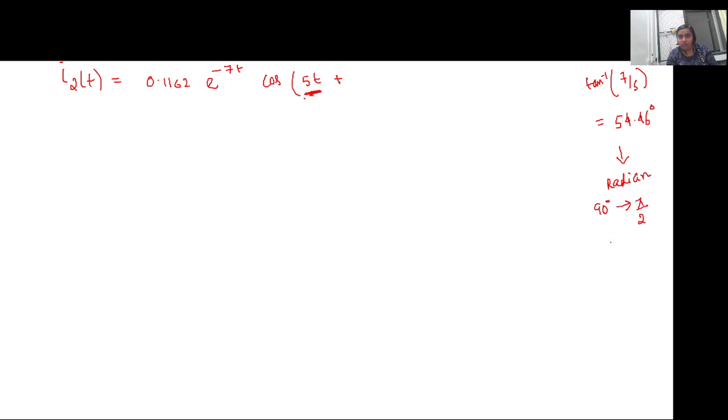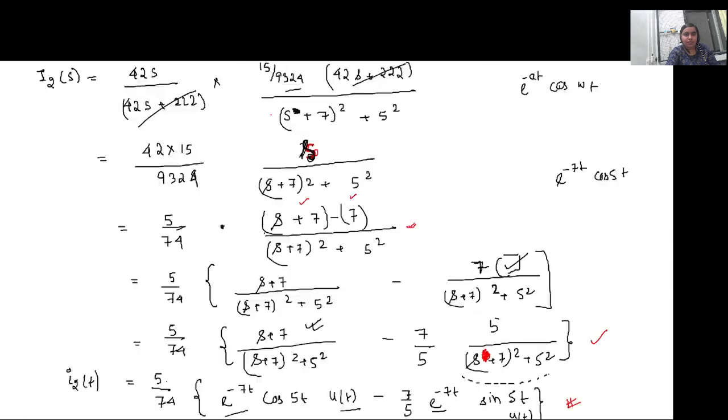So 54.46 degree is pi by 180 into 54.46, which comes out to be 0.95. So cos of 5t plus 0.95. Right? Now let's look into the question.